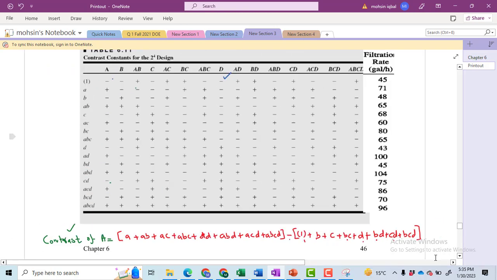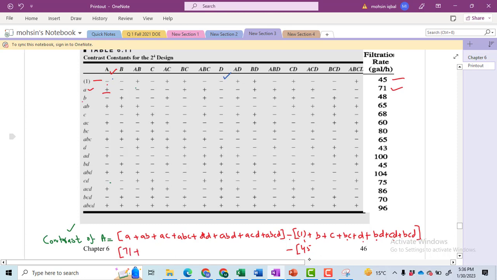After this, I see that in front of this one I have 45, but for the effect of A we have a minus sign. So you write 45 here in place of 1, and there will be a minus sign outside of this bracket. Then we have the second term A. The value associated with A is 71, and A has a positive sign for the calculation of the contrast of A. So I will write here 71, then plus.